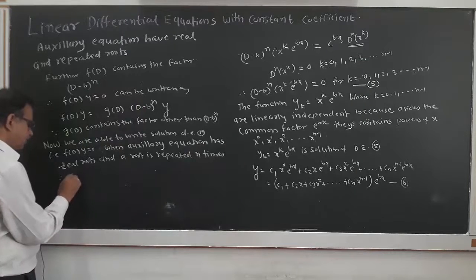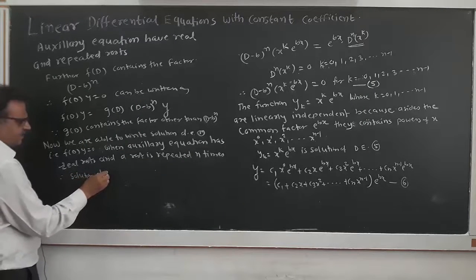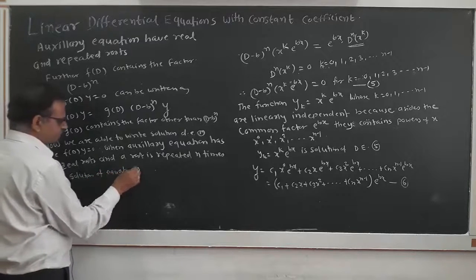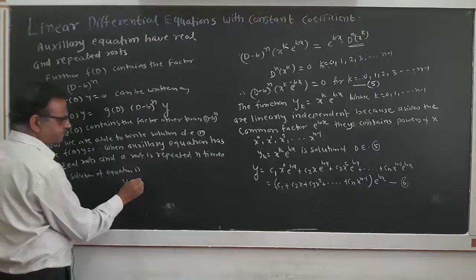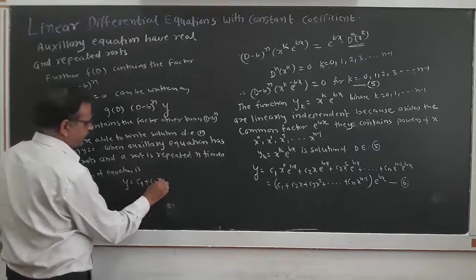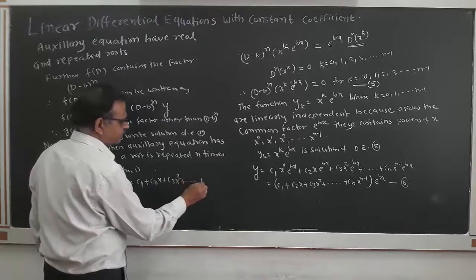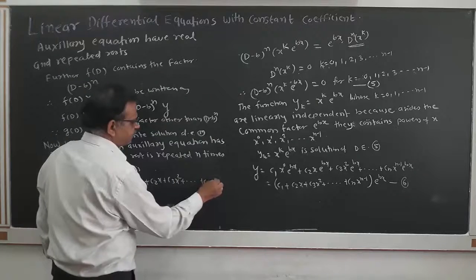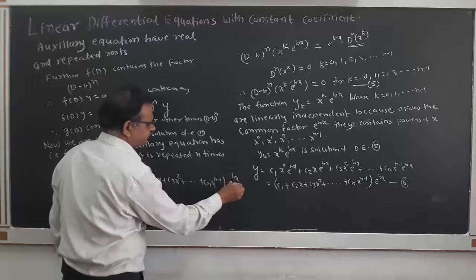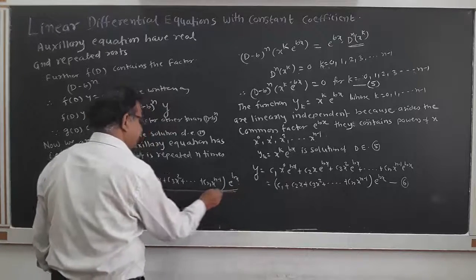Therefore, the solution of the equation is y equal to (c1 plus c2 x plus c3 x square plus cn x raised to n minus 1) e raised to bx, which is the linearly independent solution.